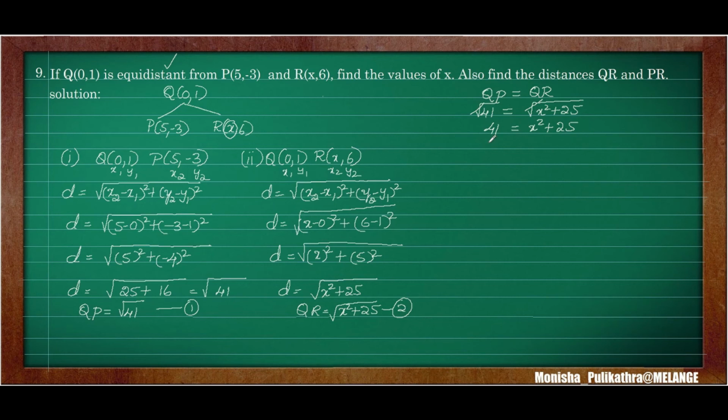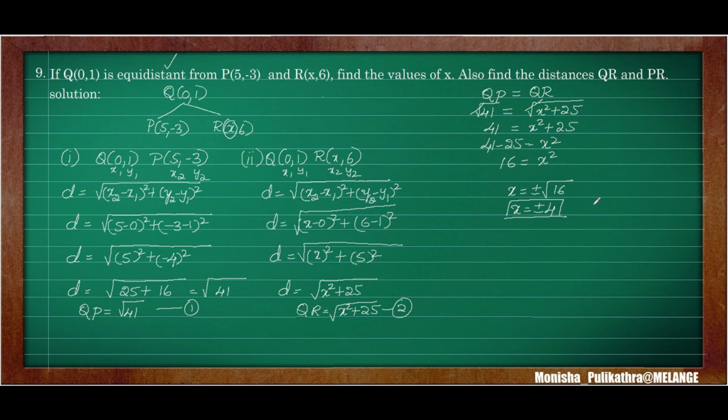When I shift 25 to this side, it becomes 41 minus 25 is equal to x square. So 41 minus 25 is 16. So x is equal to plus or minus square root of 16. So the value of x is plus or minus 4.